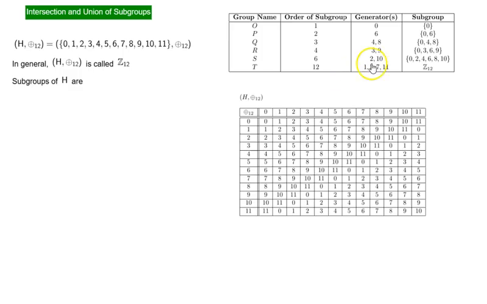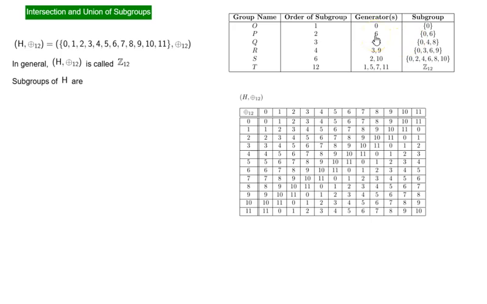Now how did I get these groups? Take each of the elements of the group, 0, 1, 2, 3 to 11, and generate it. So take 0, 0 plus 0, 1 times 0, 2 times 0, 3 times 0. So you keep getting zeros. So you get the subgroup which contains only 0.